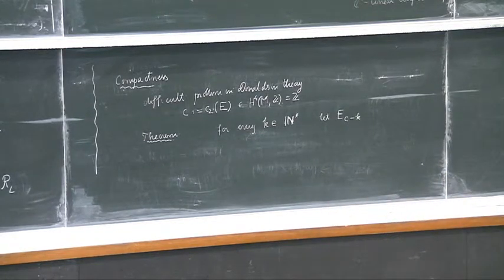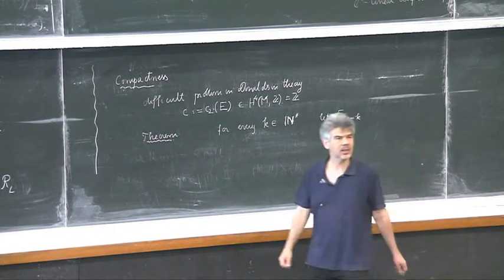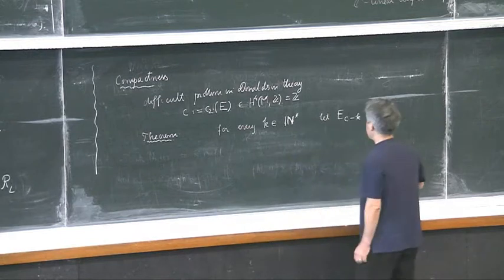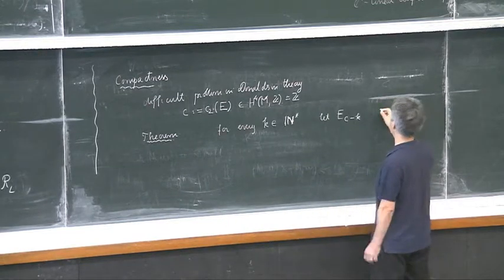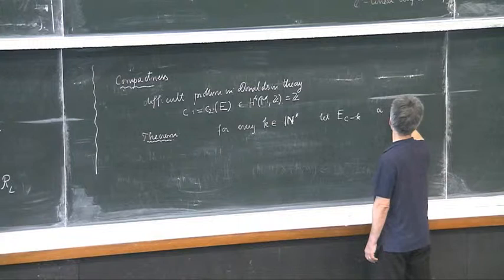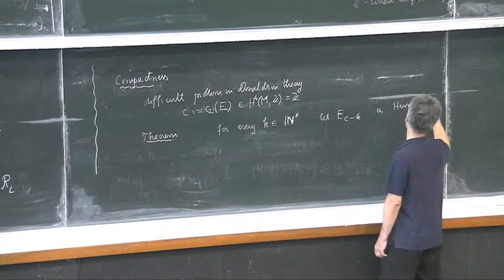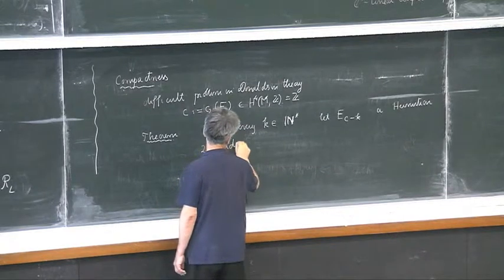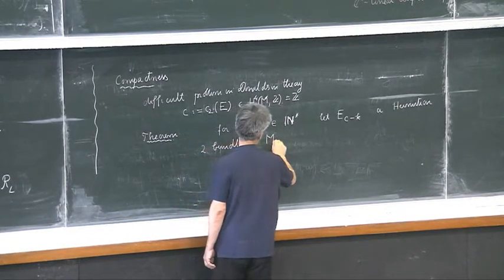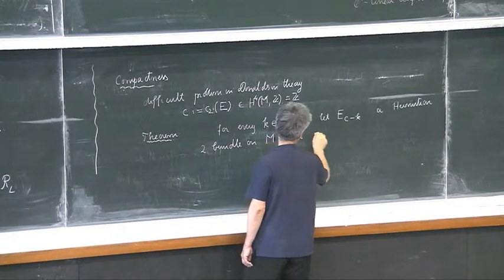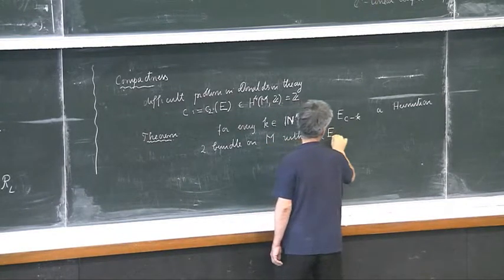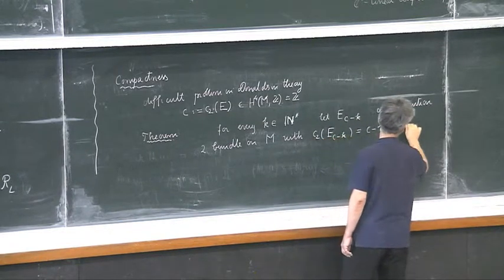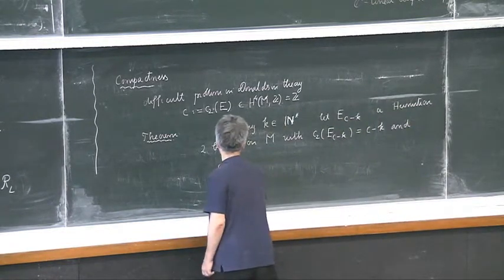So C to bond on M with C2 of C minus K is C minus K, but the same determinant.